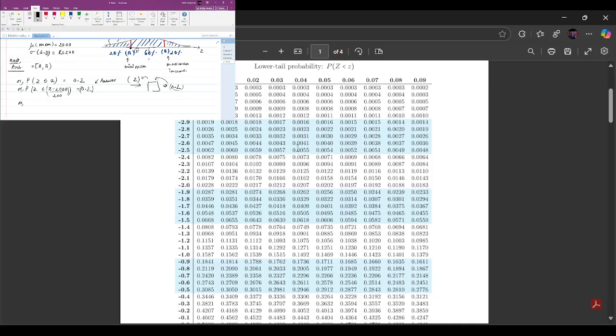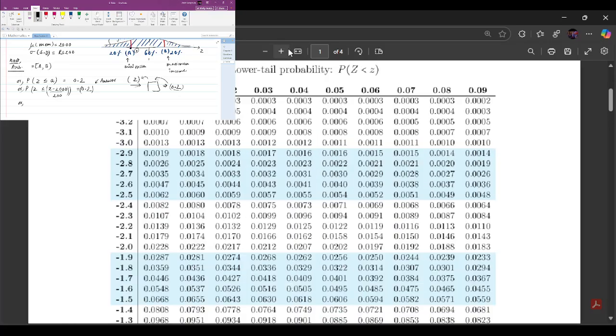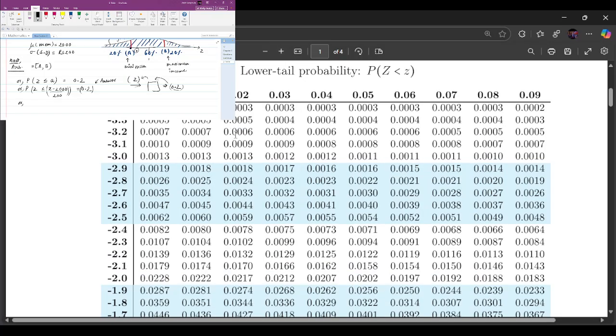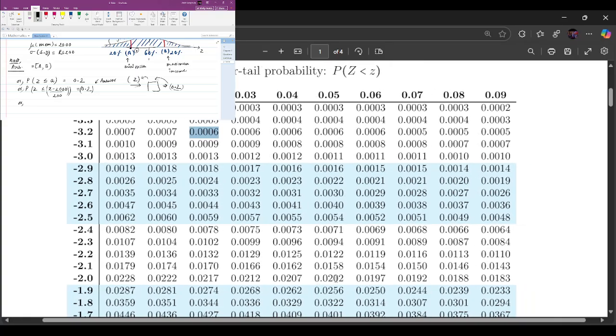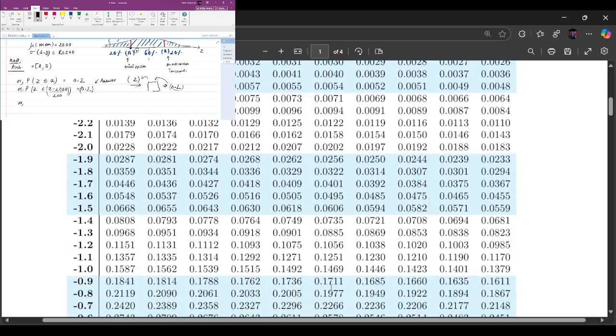So we need to look at the negative side and search for the closest value to 0.2. We have 228, 222, 217, 212, 207, 202, and 197. If you closely observe, 202, that is 0.202, is the closest value that we can obtain.